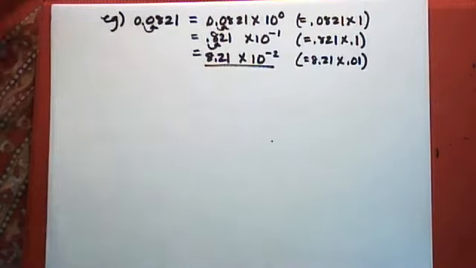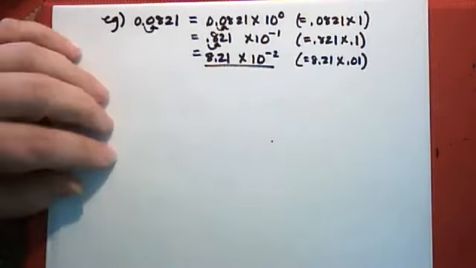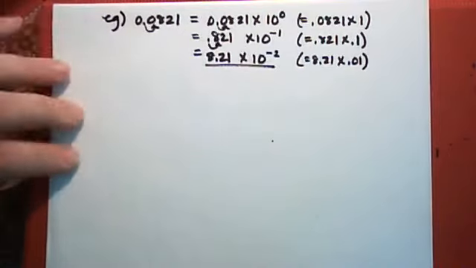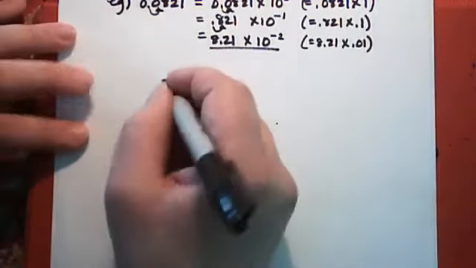Okay, so that's how you can do it step by step if you're not sure. And it might make sense to do it that way at first until you're comfortable doing it all at once.